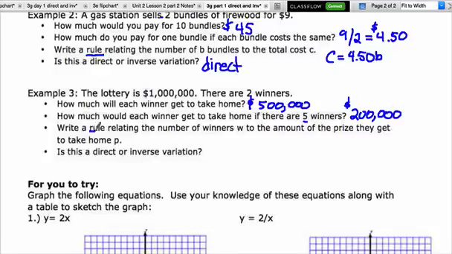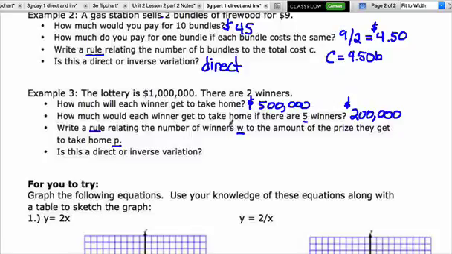So now we're going to write a rule. So we're going to write an equation relating the number of winners to the amount of prize they get to take home. So the first time I had that there were 2 winners, so I divided by 2. The second time there were 5 winners, so I divided by 5.